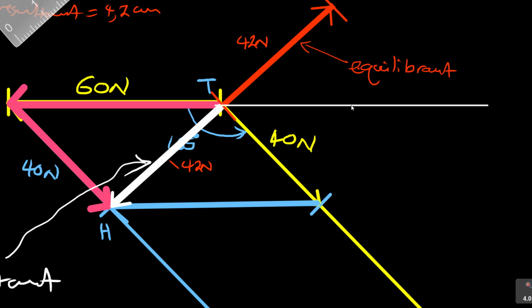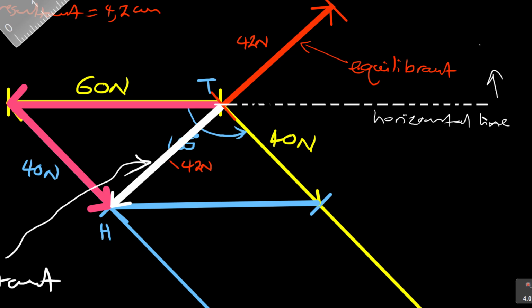And then this dotted line, I'm going to make it like this. It's a dotted line to me. And we call this the what, guys? We call this the horizontal line. Horizontal line. So we can measure using the horizontal line. This part is called above.